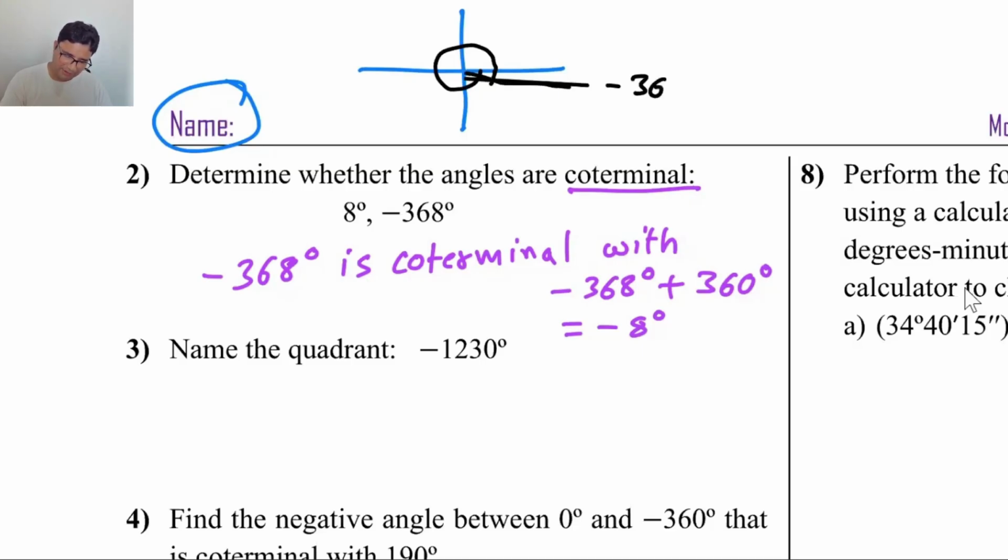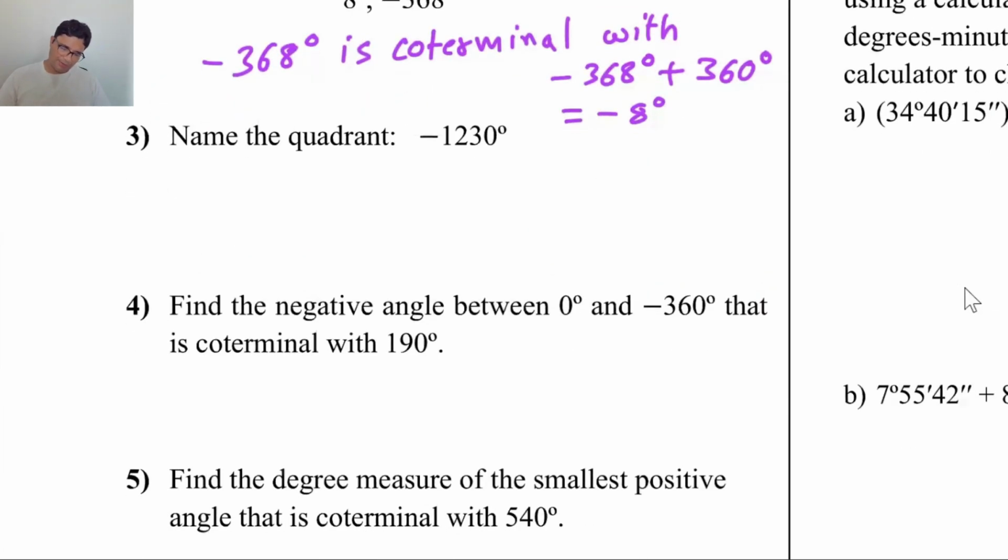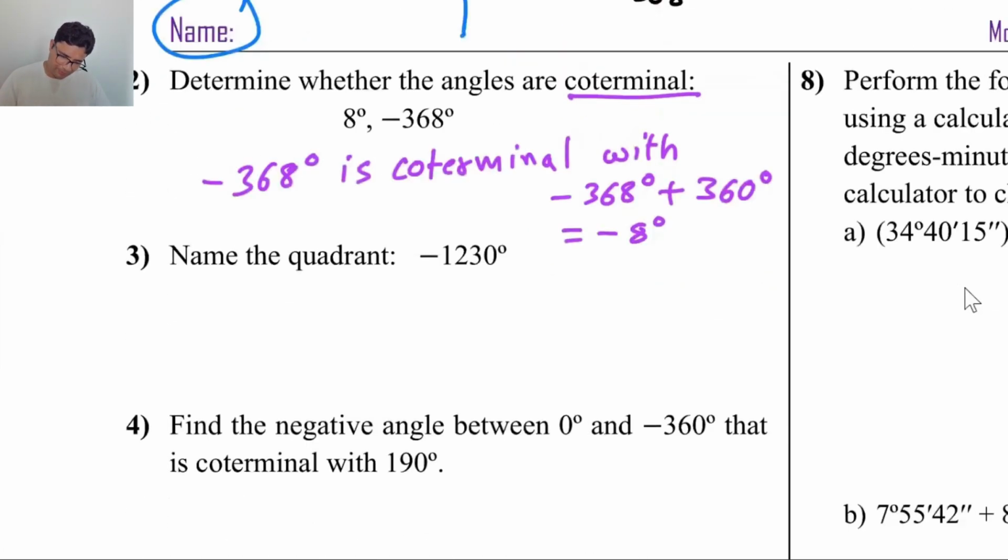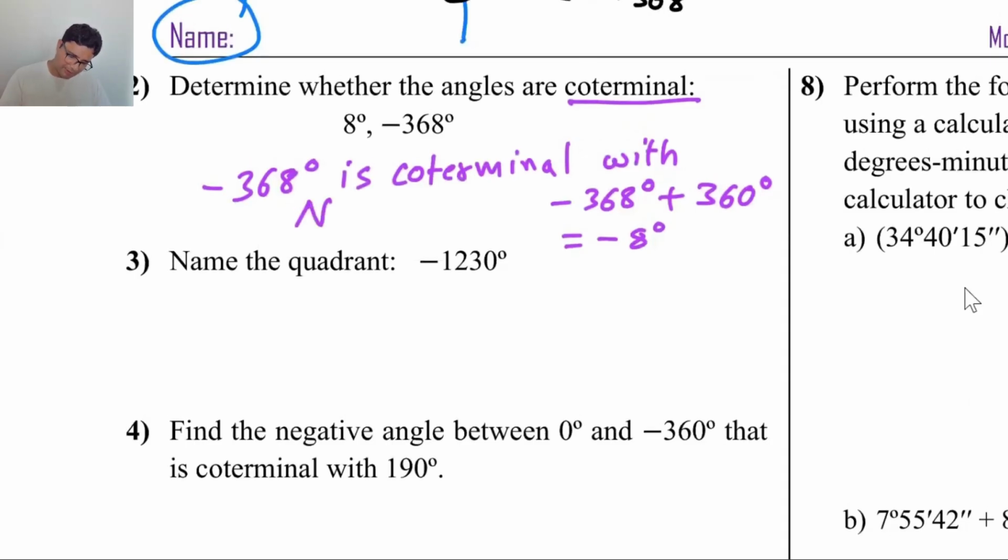Okay, so that is negative 368 degrees. Whereas 8 degrees is anticlockwise. If you measure it like that, that's 8 degrees. So they are not coterminal. Answer here is no. Okay.